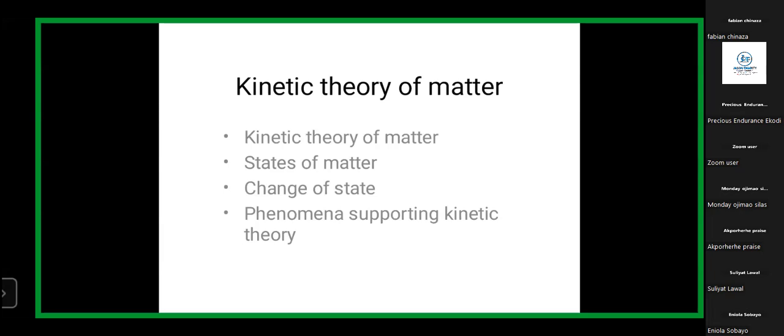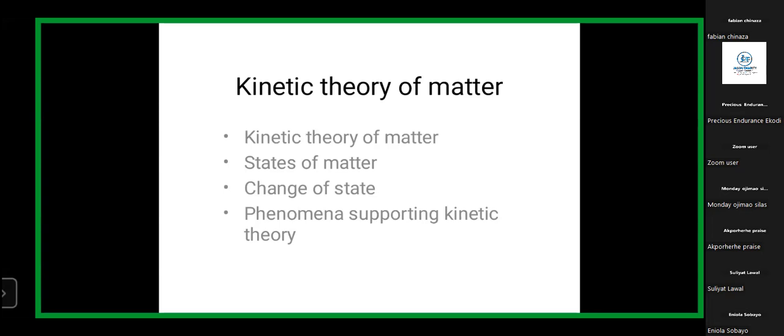Now, while I would want to accept that matter is anything that has weight and occupies space, we have to go back and differentiate between weight and mass. Please, let's take this down. Mass is everything that makes up a particle.